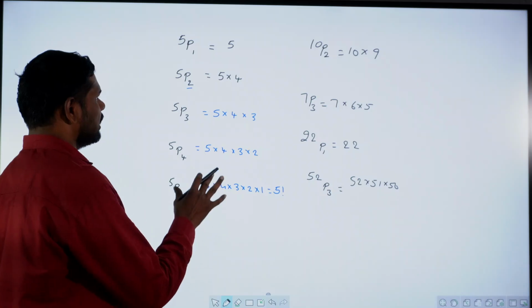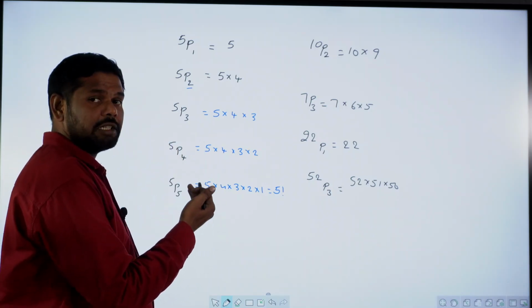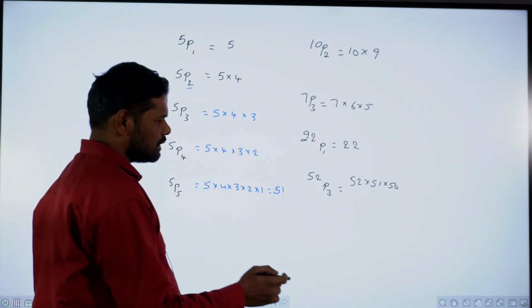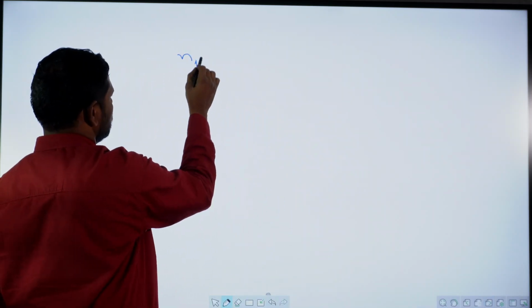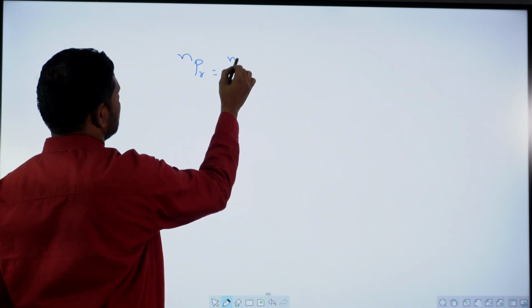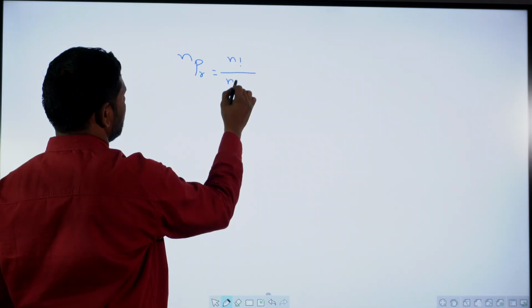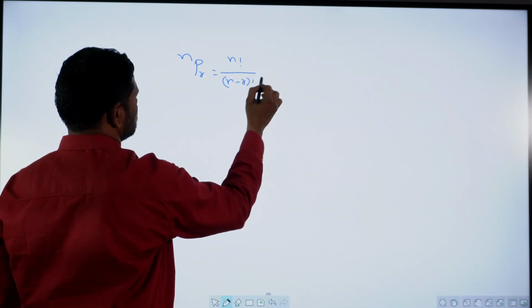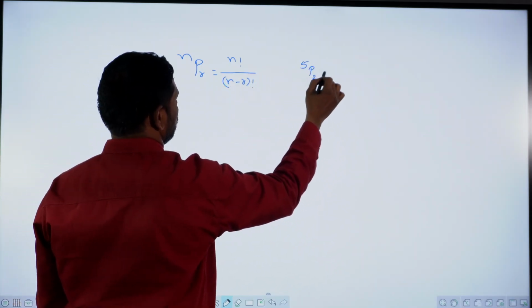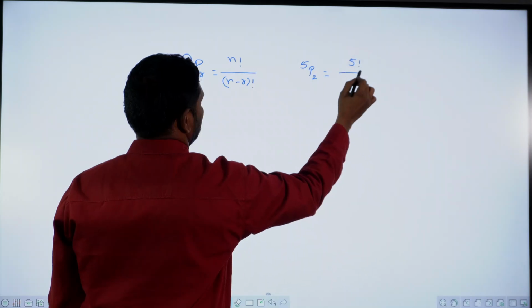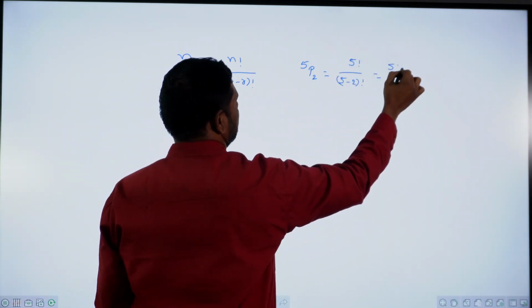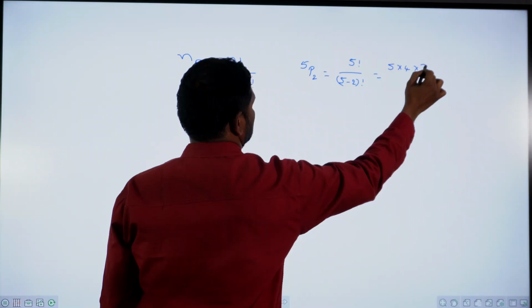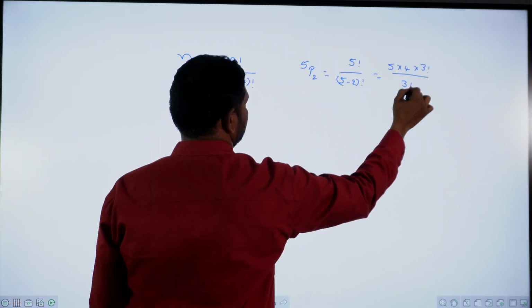These are actually for calculation purpose, but there are general notations, some formulas actually. nPr, generally we can write as n factorial by n minus r factorial. Suppose I take 5P2, 5 factorial by 5 minus 2 factorial. 5 factorial I am writing like this, 5 into 4 into 3 factorial. 5 minus 2 means 3 factorial.